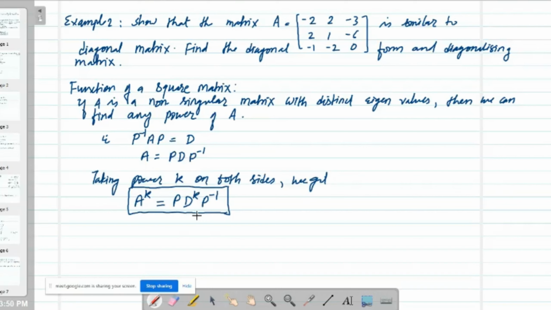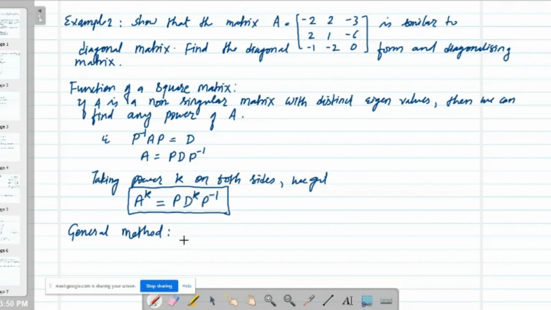So we will have general method. Okay, so general method. General method means what?